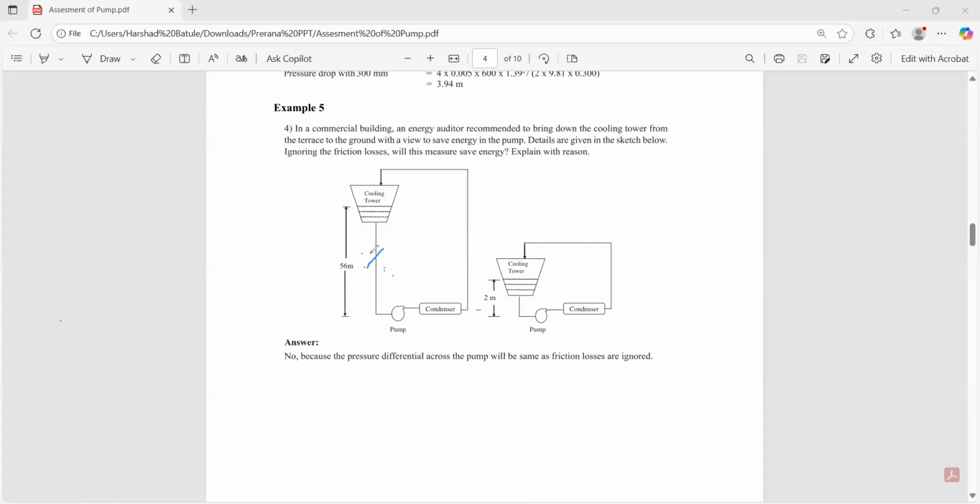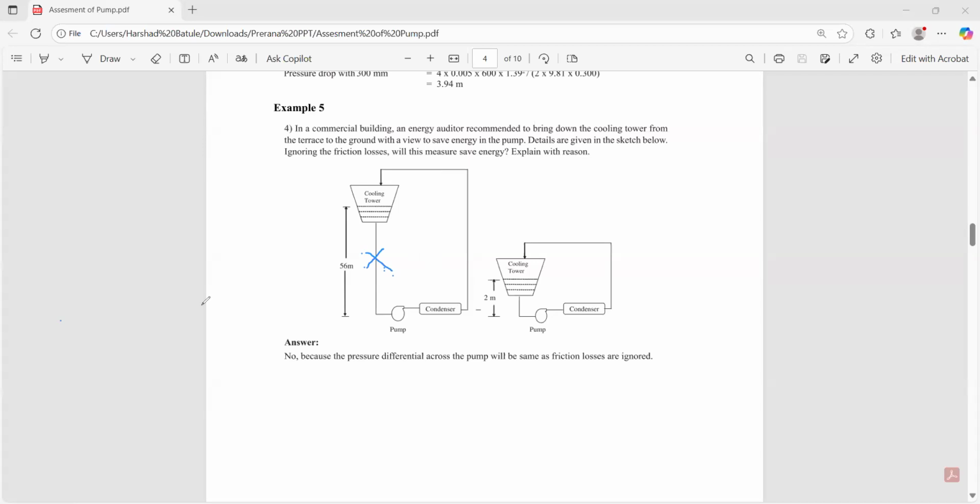In a residential building, water from this point transfers to a storage tank, and by gravity it goes to the user end, not again to the pump. That is an open loop. So the height of the building matters in an open loop. In a closed loop, the water is circulated again and again.